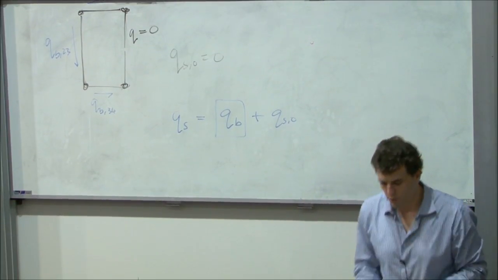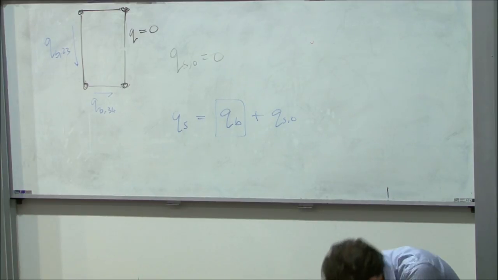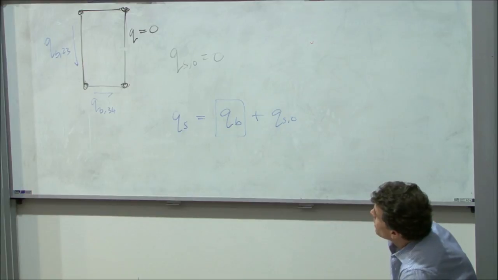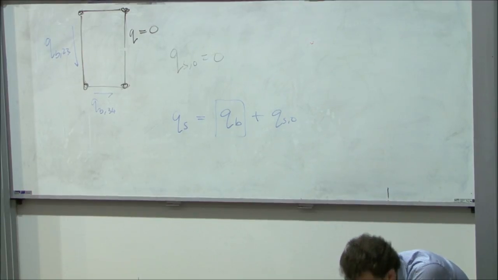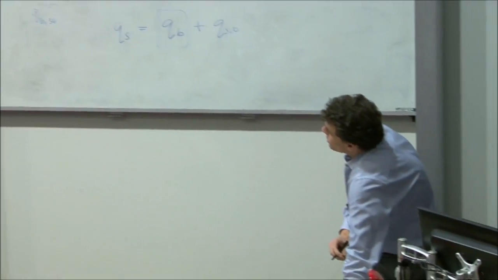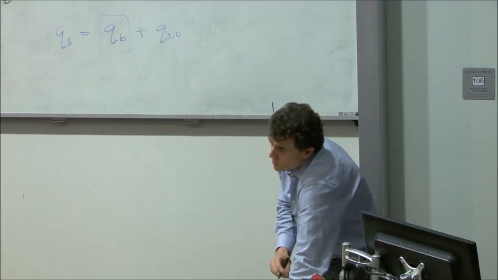So what we've got here is a moment equilibrium. On the left we have the externally applied moment, which we've seen before, the shear force times the distance from the point we're calculating moments about.